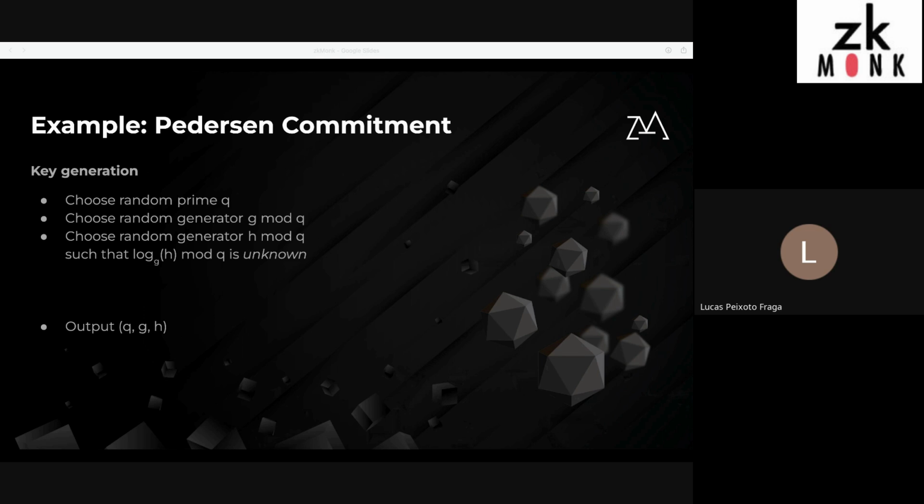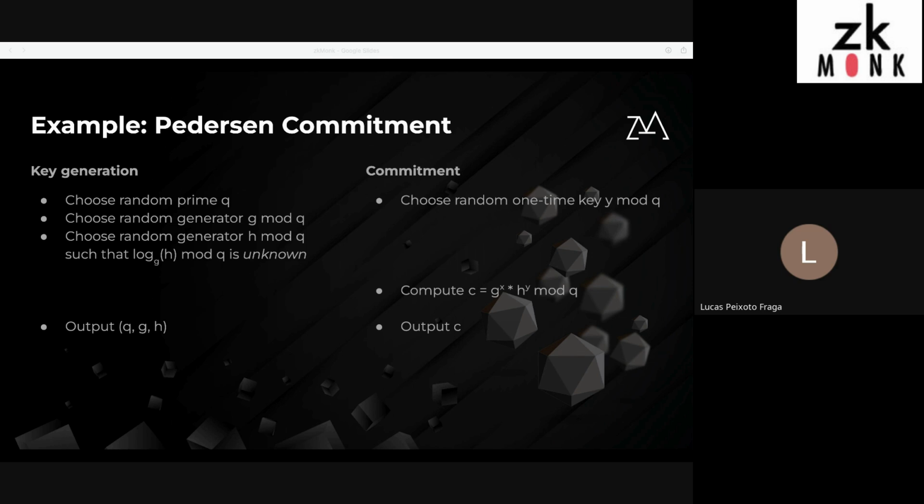So no one should know the log of h on the base g and the log of g on the base h, which are basically the same number, but this number should be kept private from the prover and from the verifier. Once these values are generated, we output them.